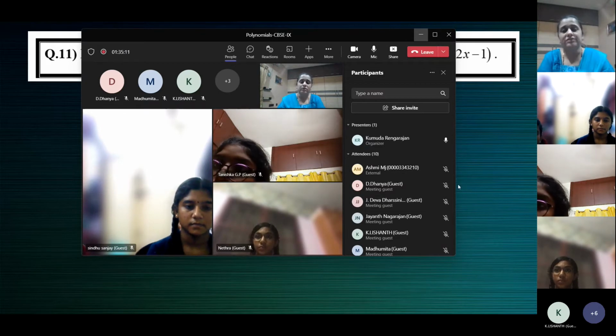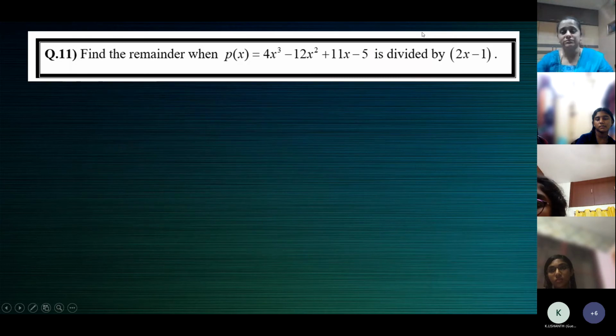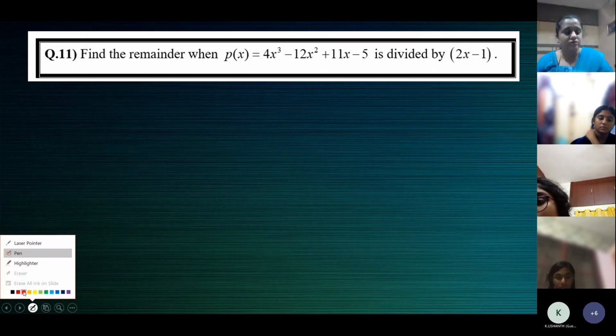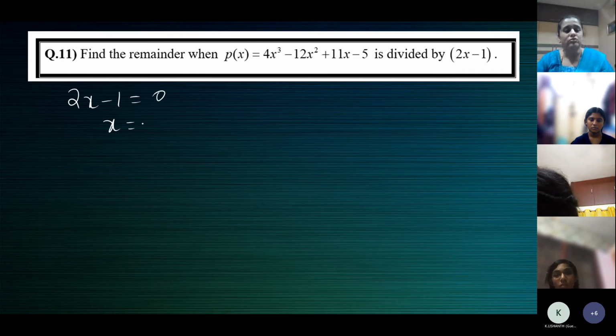If you're asked to find only the remainder, you can use the remainder theorem. So how do we use the remainder theorem? Equate the divisor to 0. The divisor is 2x minus 1. Equate it to 0 and find the value of x. So 2x is equal to 1, x is equal to 1 by 2.